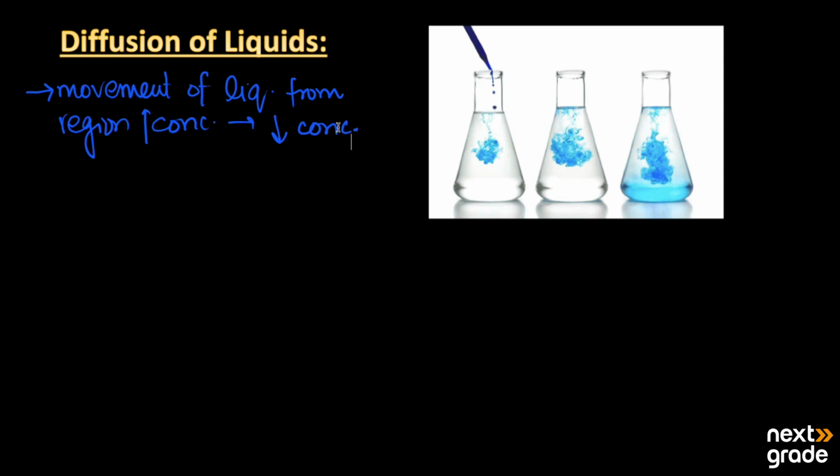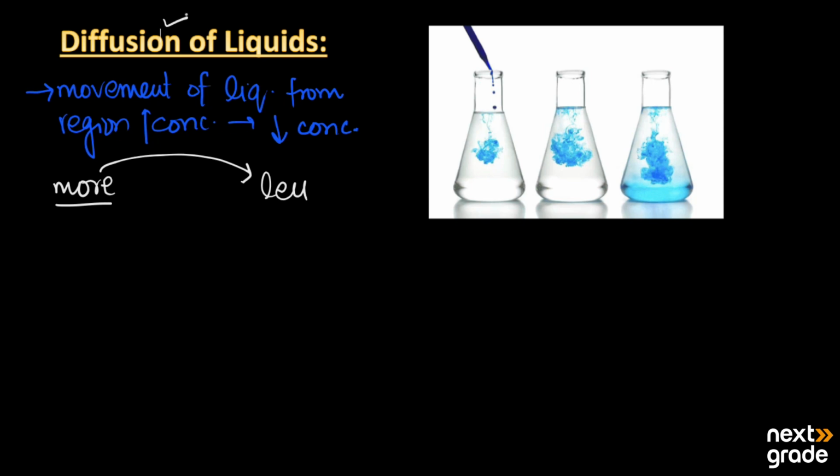It means that if we have more liquid at one place and less liquid at another place, then the liquid from both sides starts to move towards the lower concentration or lesser quantity. So this is mainly the process of diffusion.